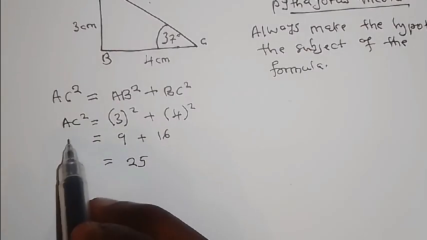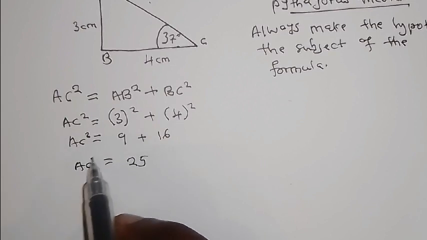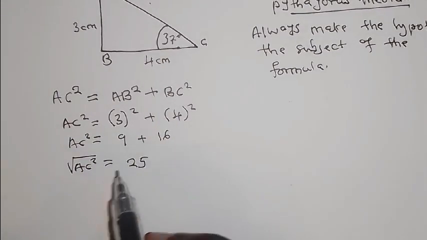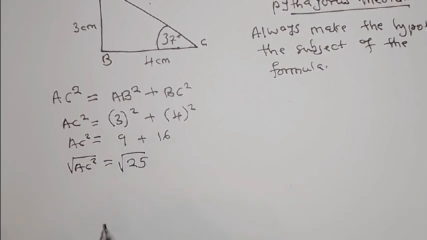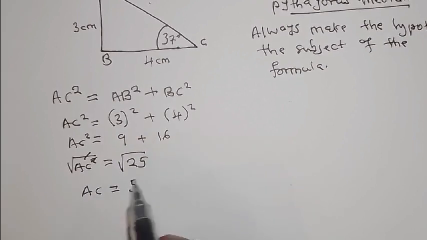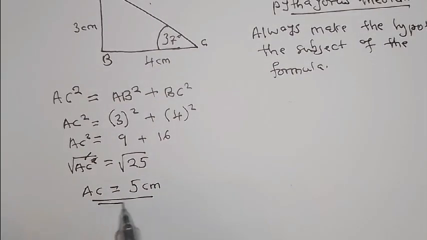Then you drop down the AC squared, and from there we introduce the square root on both sides. So this and this go, and it remains AC equals 5 centimeters. The square root of 25 is just 5 centimeters.